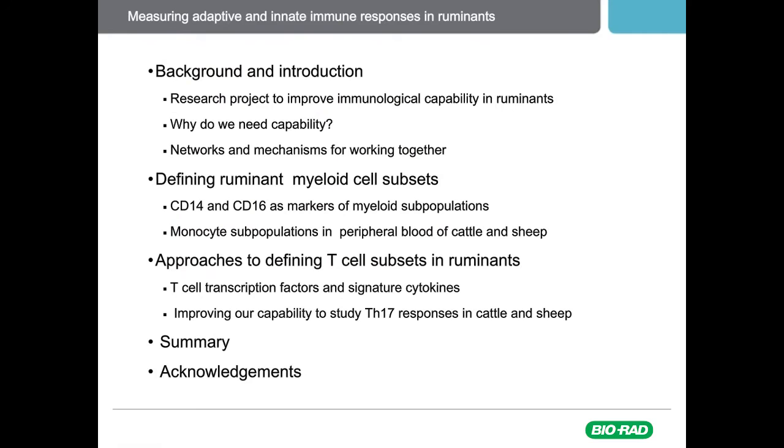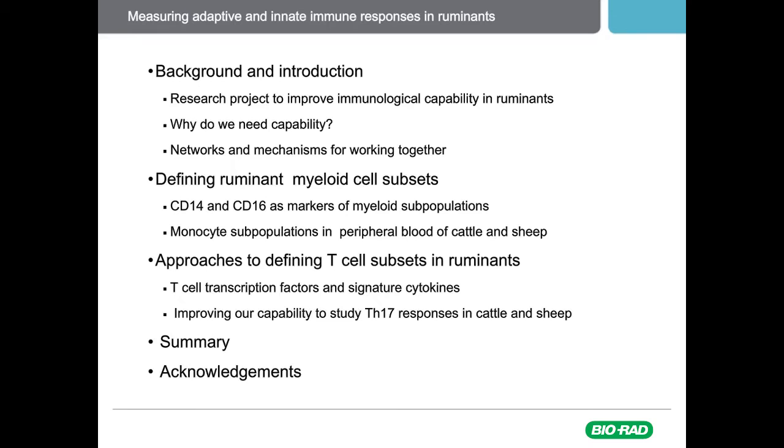Thank you, Amanda, for that very kind introduction and for the opportunity to do this webinar today. What I'm going to do is give you some background and introduction to why we took the approach we did to do these experiments, why we need to have these immunological reagents for livestock species, and how we approach this on a global basis.